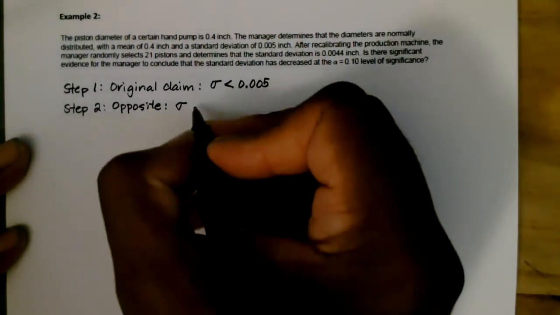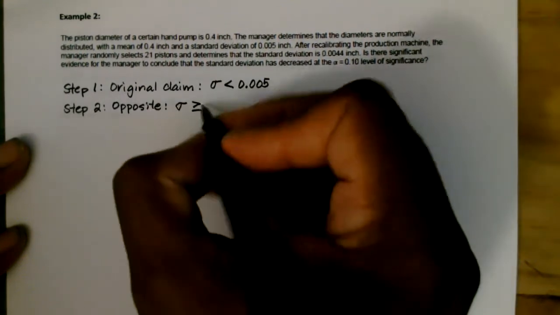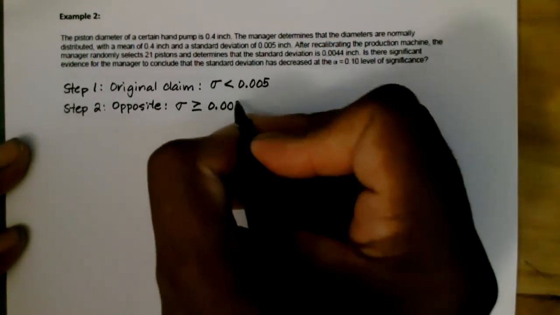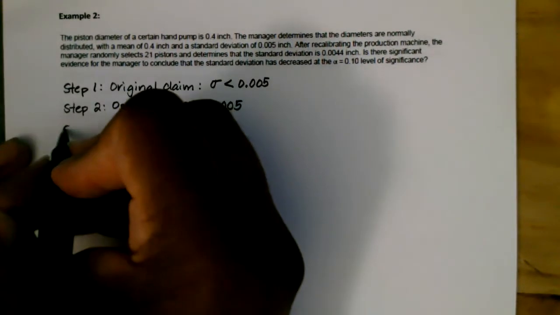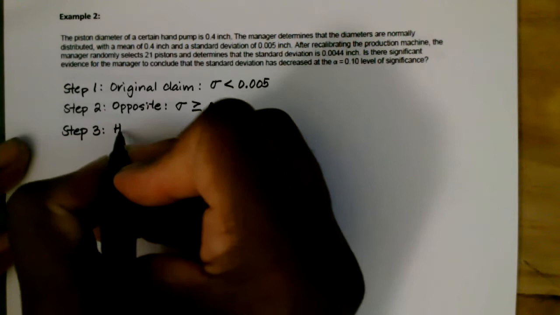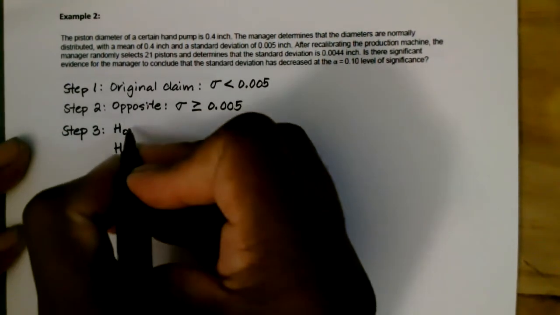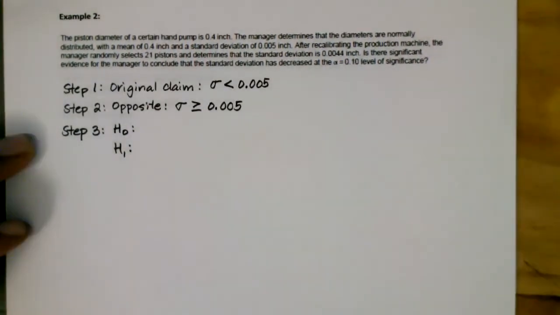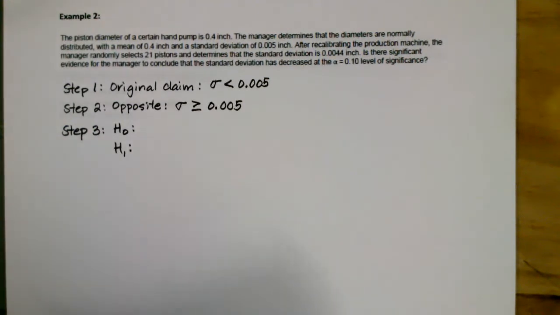Now, step number 2 is the opposite of the original claim. Well, the opposite of less than is greater than or equal to 0.005. And then step number 3 is writing our null and alternative hypotheses. Well, if it's less than or greater than or not equal to, it falls under the alternative hypothesis.